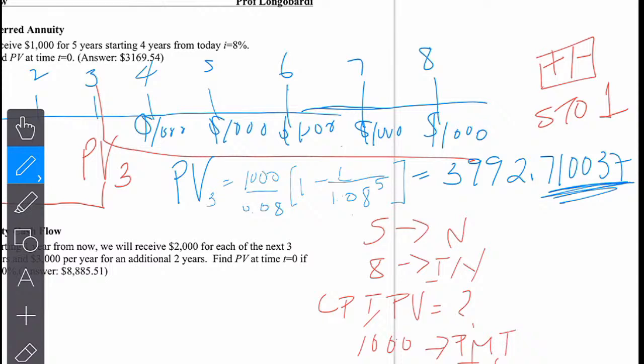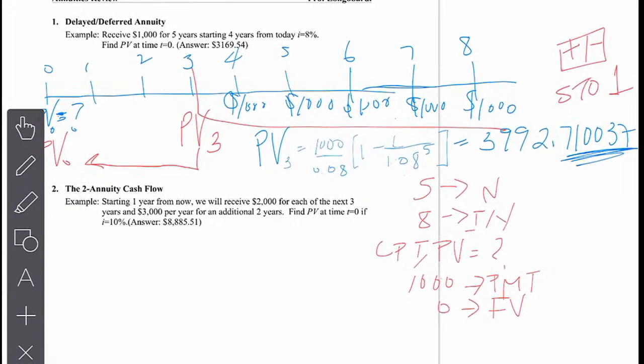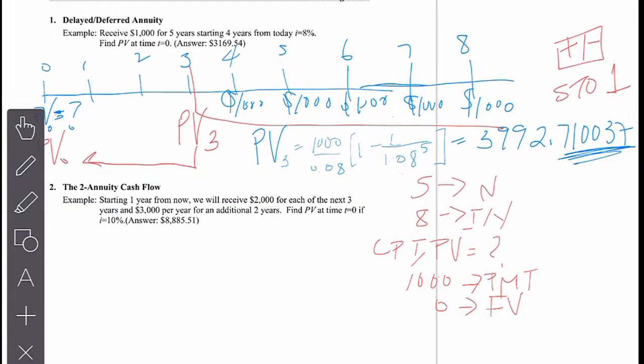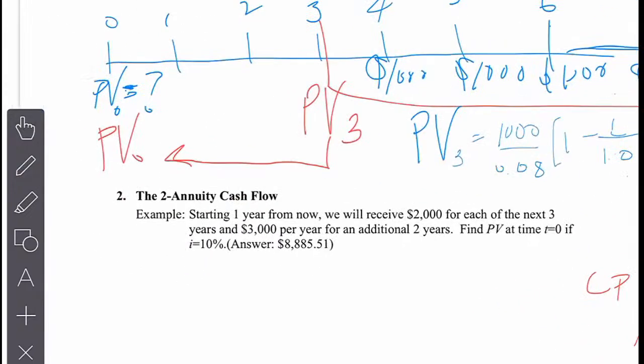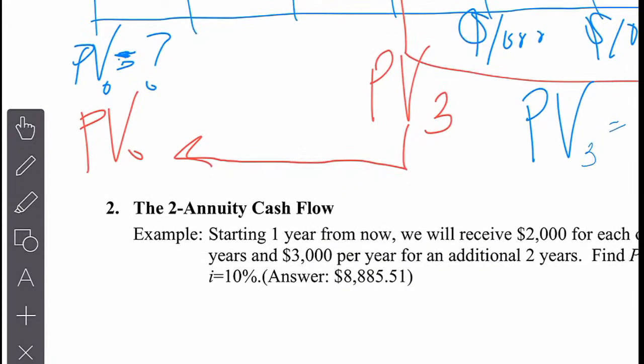So now that's in there, let's go back to what we have to do next. Now what we need to do is take that amount and discount it back to time 0. Now it's in your calculator, it's stored there. All we have to do is, to find PV0, I'm going to make a note. What I have to do is PV3 discounted, right?